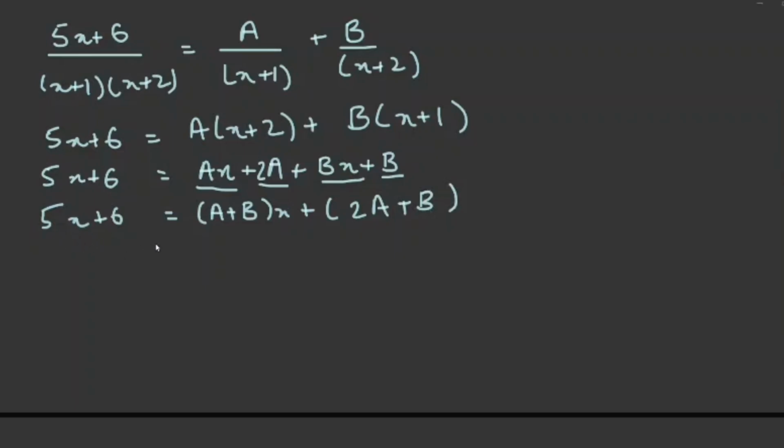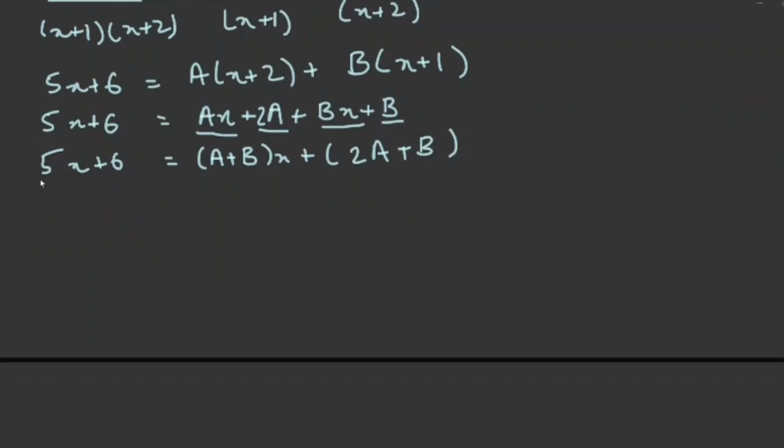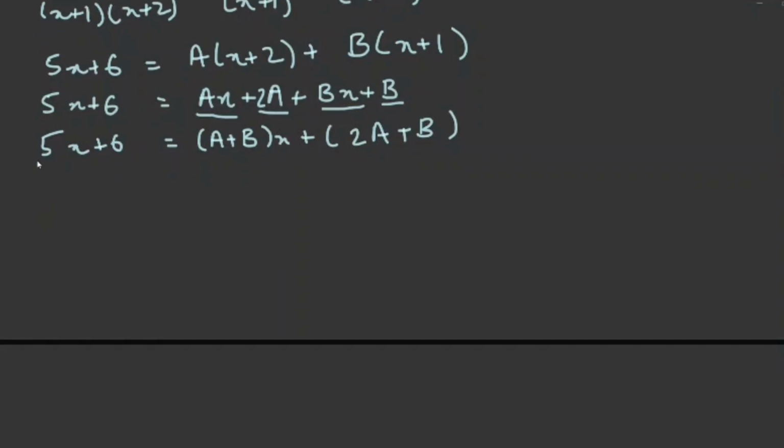Now what you have to do is take the left hand side and the right hand side and compare these. Here see our coefficient of x is 5, and here A plus B is our coefficient of x, so we would write these as equal.